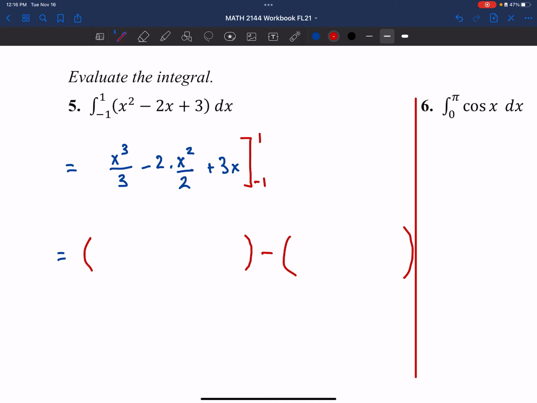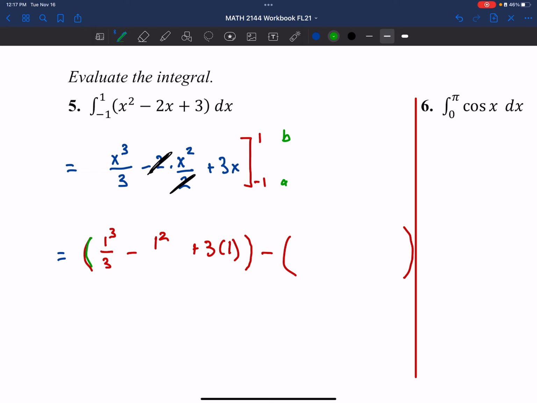So what I'm going to do is 1 cubed over 3. I'm going to pre-cancel those 2's early. And then we'll have minus 1 squared plus 3 times 1. That right there is f of a. No, excuse me, f of b. So this is b, this is a.